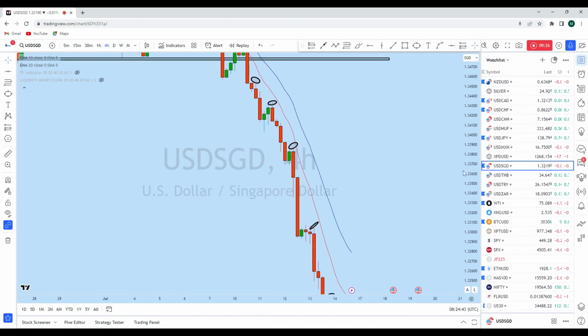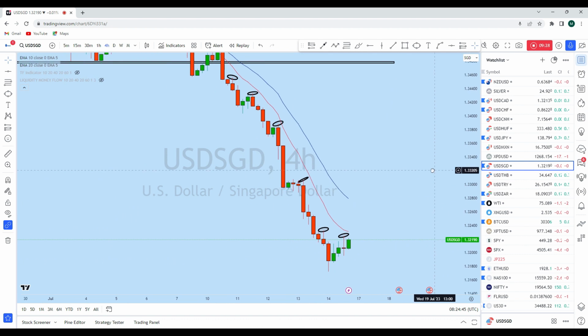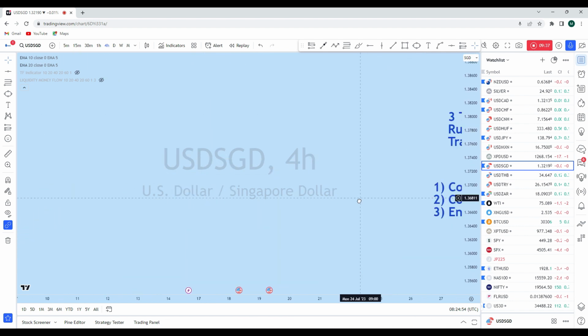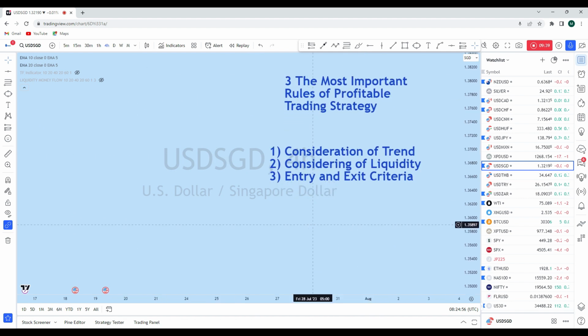As a retail trader, it is very important that we can identify those zones so that we can take bigger trades to take the bigger moves in the market. Now, the third rule, one of the most important trading rules, is entry and exit criteria.